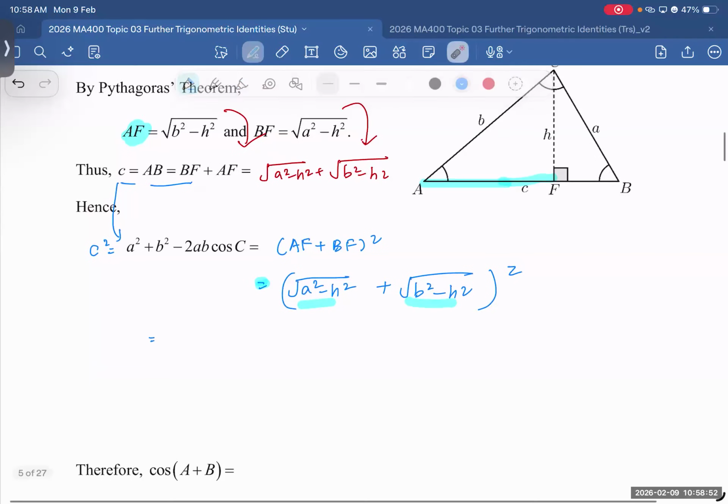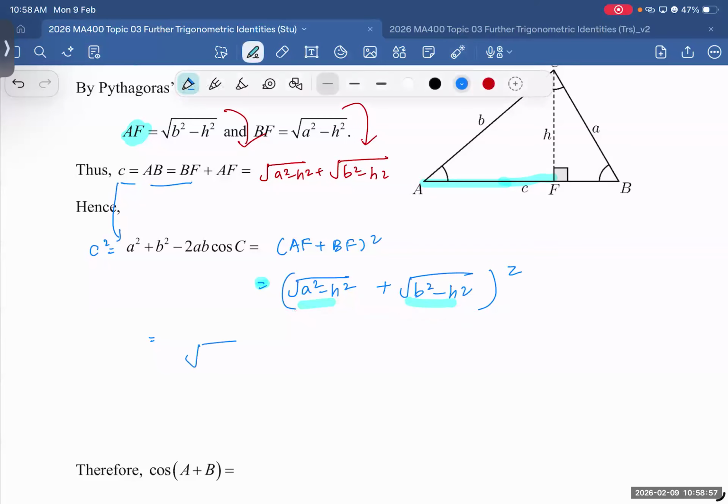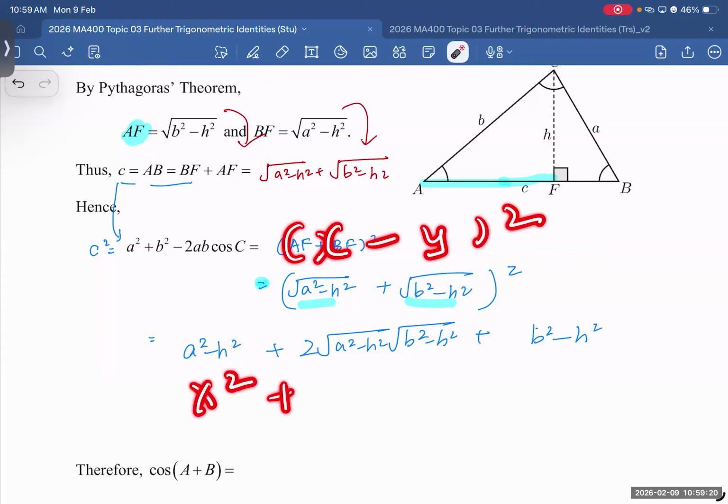Now, if this is x plus y bracket squared, it is basically x squared plus 2xy plus y squared. I hope I got you. Very good. If this is x minus y bracket squared, this is x squared minus 2xy plus y squared. This is the formula I'm using. Just algebra.